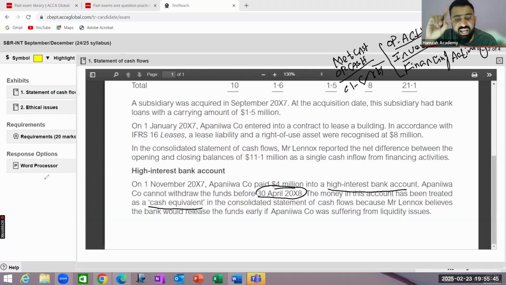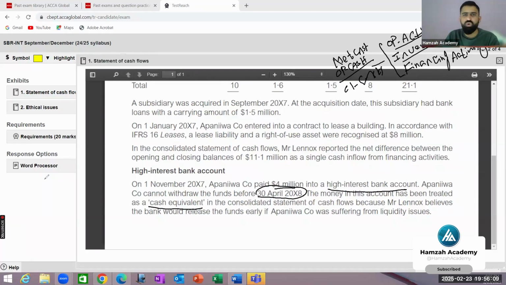Dear student, cash and cash equivalents are basically those assets and those liabilities which are readily convertible into cash. Readily convertible into cash means whenever I want, I can convert it into cash immediately. Literally meaning immediately.